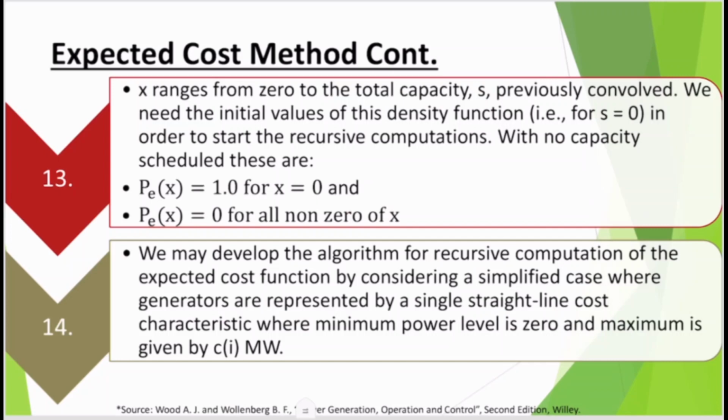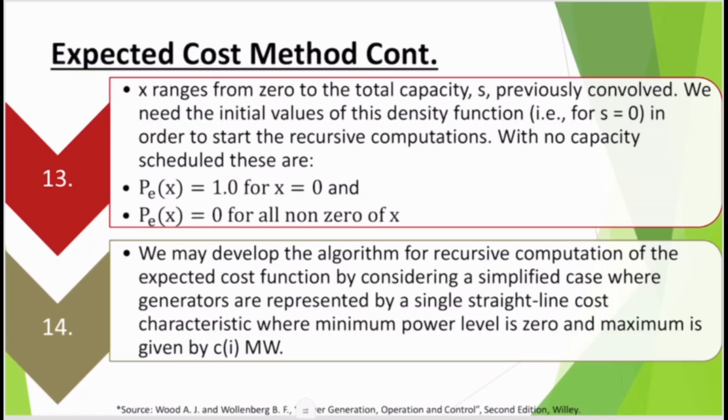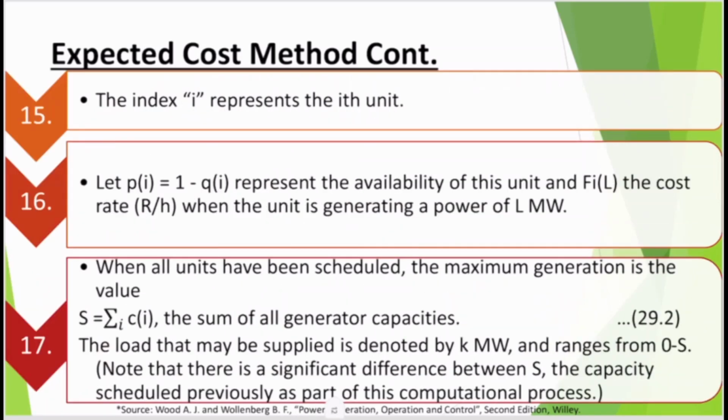We may develop the algorithm for recursive computation of the expected cost function by considering a simplified case where generators are represented by a single straight line cost characteristic where the minimum power level is 0 and the maximum is given by C megawatt. The index i represents the ith unit.